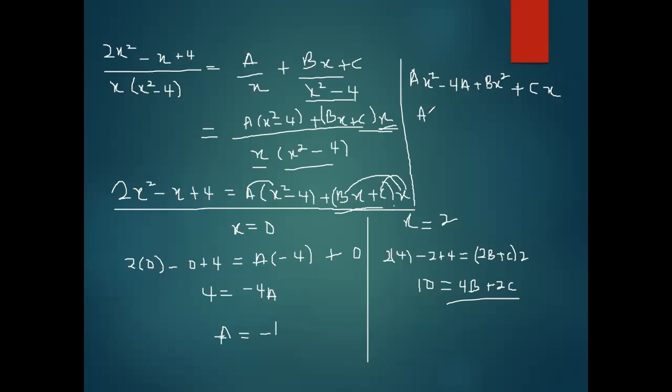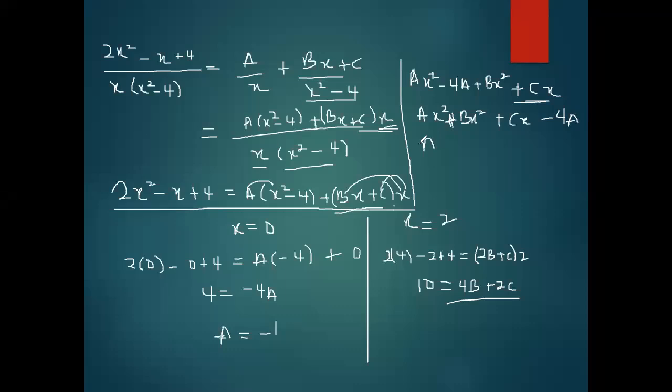This will give us ax squared plus bx squared. They all have x squared, and that's why we're grouping them like that. The next term will be the x term, so plus cx minus 4a. So we just rearrange them, grouping like terms.